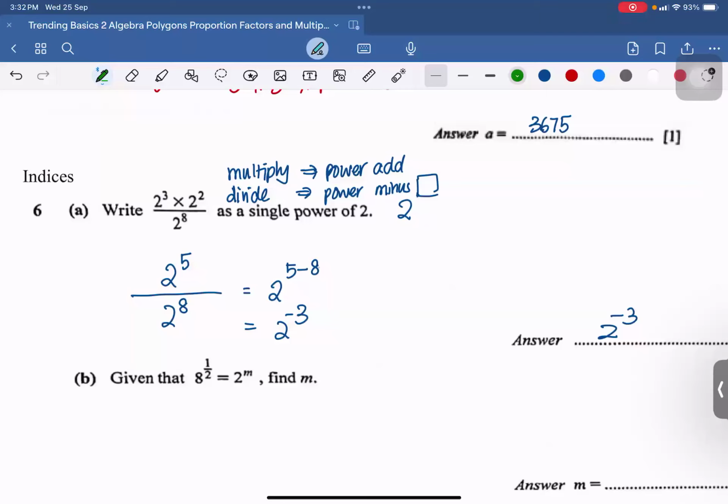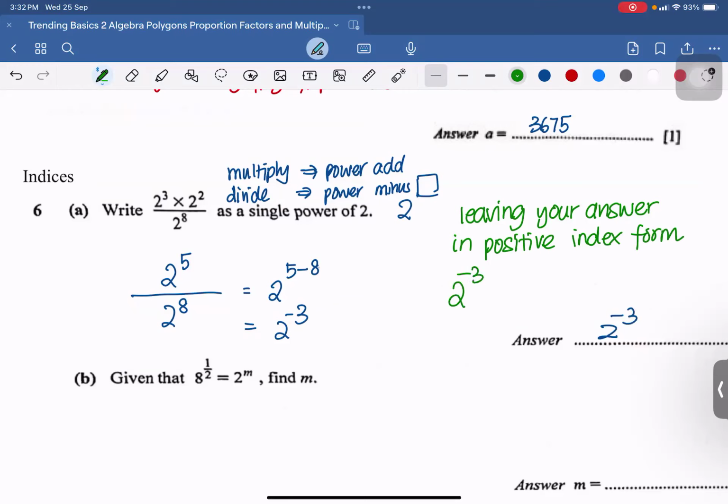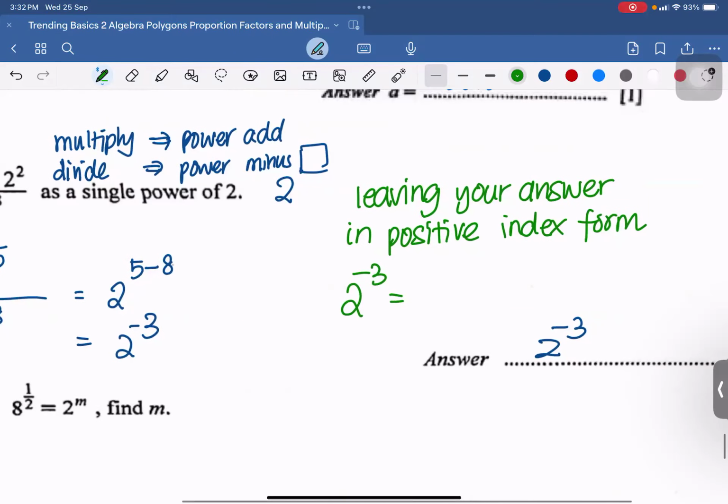If the question says leaving your answer in positive index form, do you know how to change 2 to the power negative 3 to positive index form? What is the effect of a negative power?